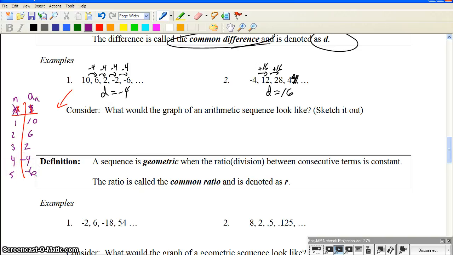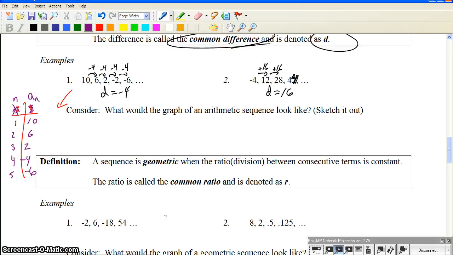One thing that you need to pay special attention to is that the domain of these sequences is only the natural numbers, or from the set of natural numbers. If you remember what that is, that's 1, 2, 3, 4, 5, 6, 7, 8, the counting numbers. Okay, there is no such thing as term 2.5.